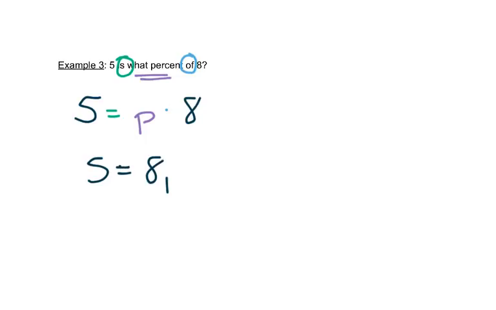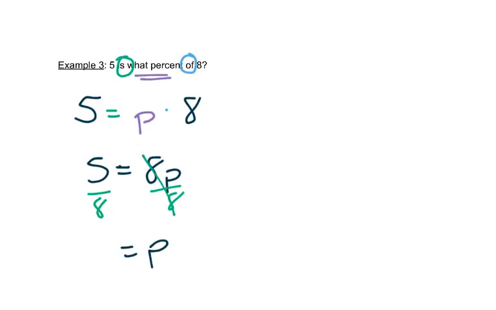So here we have 5 is what percent of 8? So we'll write 5 is, now we don't know what percent this is, so let's use a P, of 8. This is really 5 equals 8p. So we'll divide by 8.